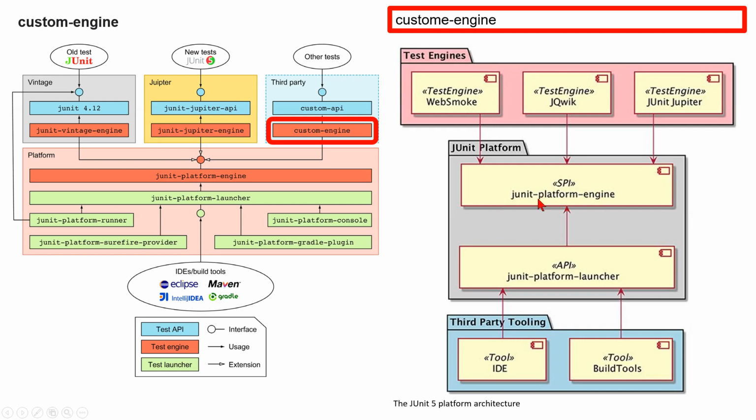The SPI JUnit Platform Engine and the API JUnit Platform Launcher are in the JUnit Platform. The API JUnit Platform Launcher is connected to the JUnit Platform Engine. IDEs and build tools are in third-party tooling, and the IDE and build tools are connected to the API JUnit Platform Launcher.